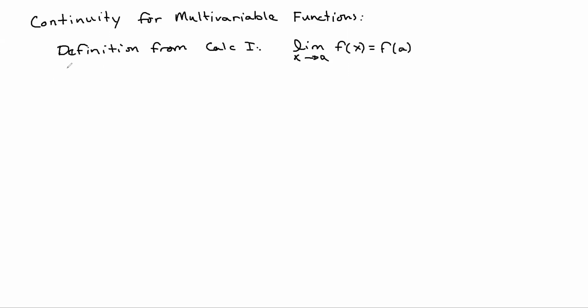In order to talk about continuity, again we're going to do comparisons. So the definition from Calc 1: the limit as x approaches a of f(x) equals f(a). What is the definition in multivariable? What's the new one from this class?